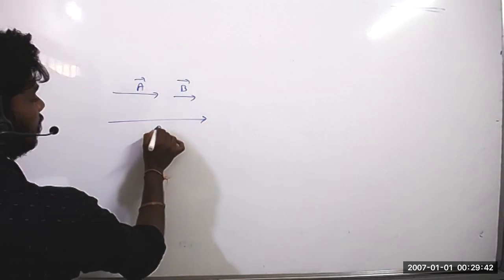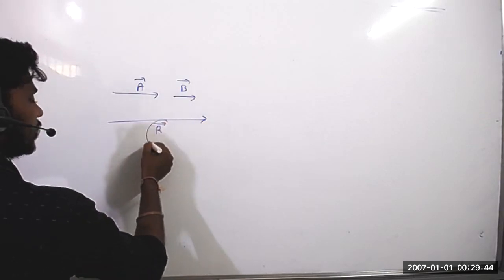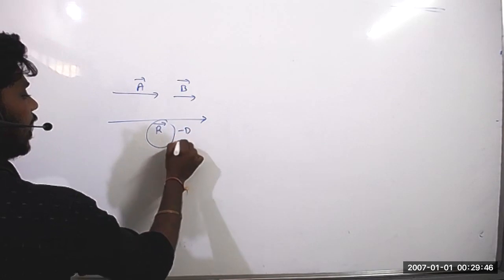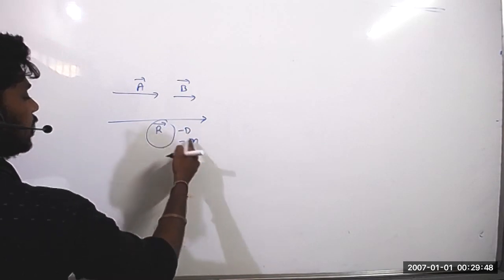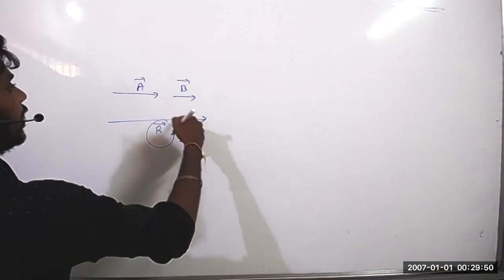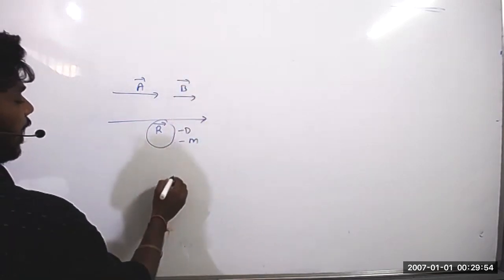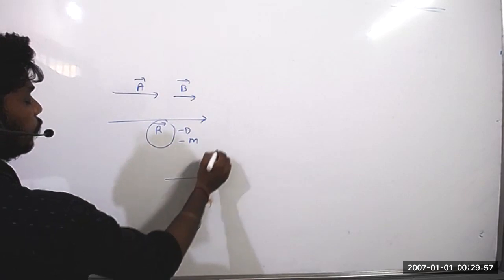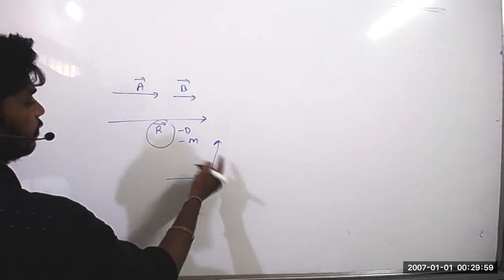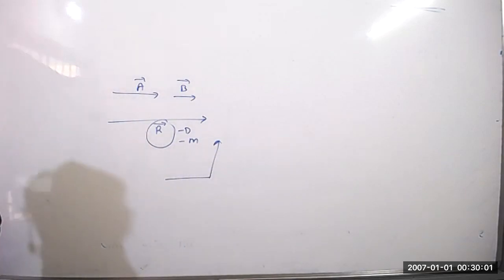That is called resultant. This resultant has direction and magnitude. We can give that resultant magnitude and direction by using the parallelogram law and triangle law, and we can add the two vectors which are at different angles. Understand clearly?